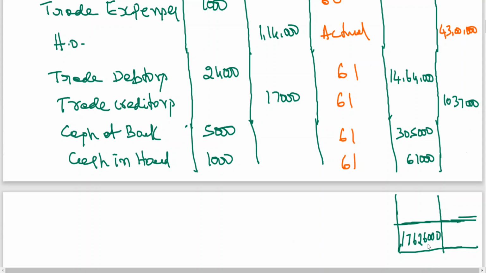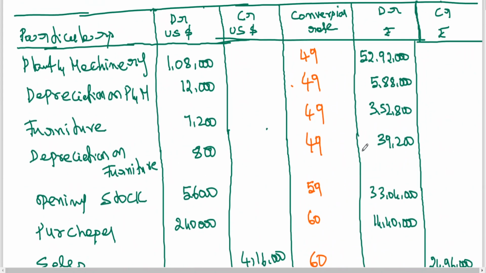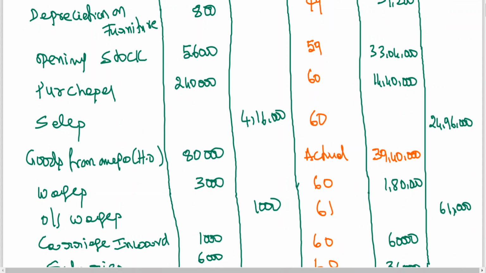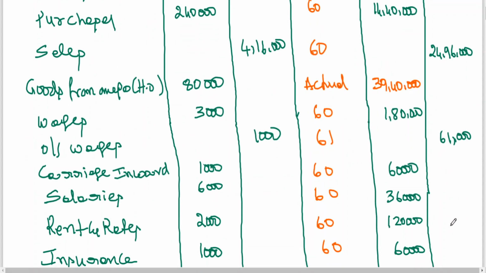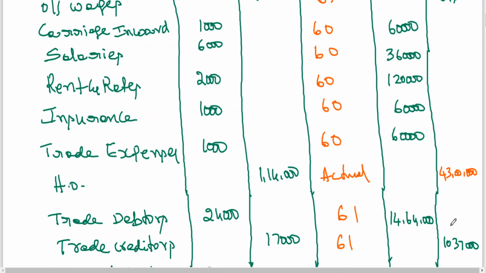1 crore 76 lakhs 26,000 something we are getting. Let us see whether it is equivalent to credit side or not. Minus 24 lakhs 96,000, minus 61,000, minus 43 lakhs, minus 10 lakh 37.